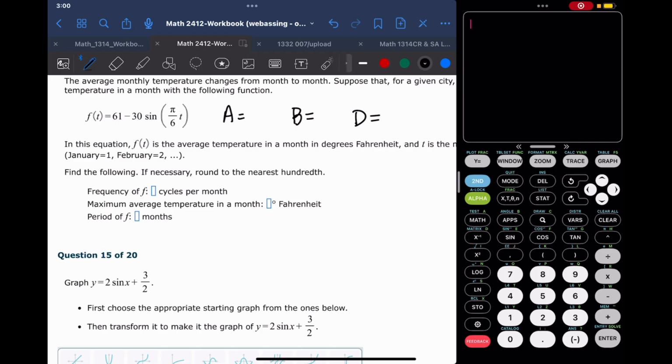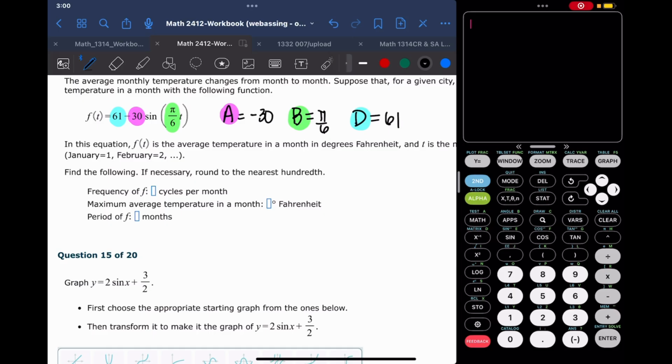A is going to be what's in front of the sine, so that's going to be negative 30. And then B is going to be your constant in front of the t. And then D is going to be the 61.